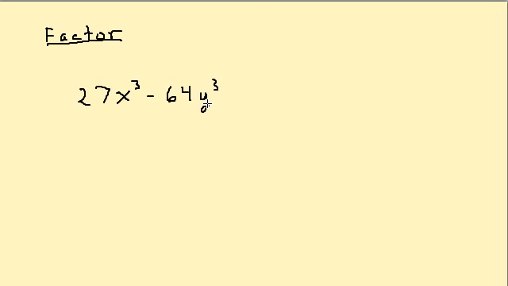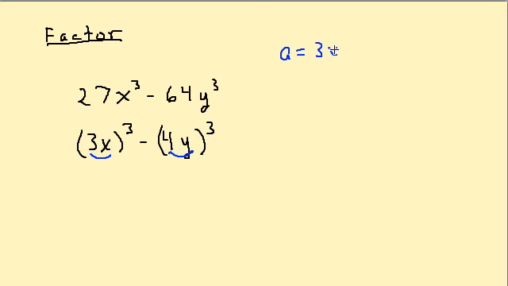Okay, now this is the difference of two cubes. This can be written as 3x cubed minus 4y cubed. And I can see that a is 3x, b is 4y. So I have a equals 3x, b equals 4y.